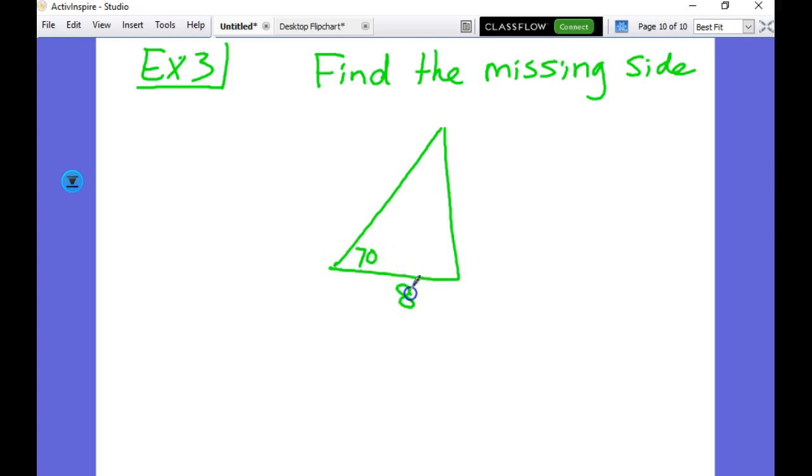Was this 8? I think it was. So if I've got a triangle with a 70-degree angle there, then that bottom side has to have a certain ratio with that hypotenuse, okay?